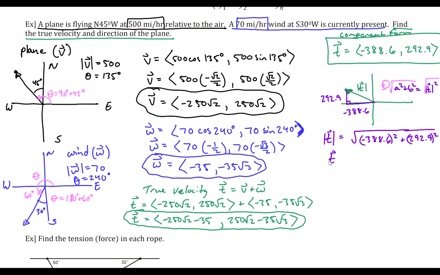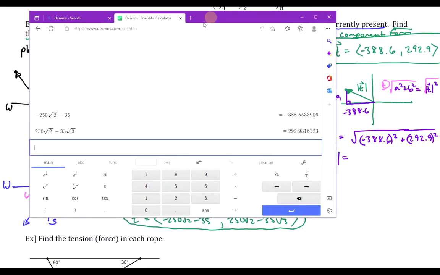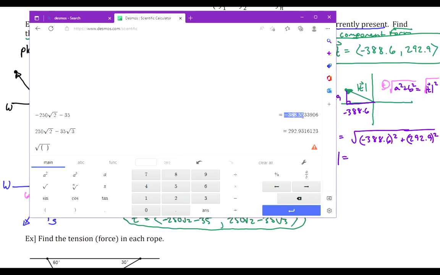And then we need our calculator again, and that will give us, okay, so back to the calculator. There it is. I can see them both. I'm just going to do a big old square root and get my parentheses ready, and I'm going to copy and paste these numbers.